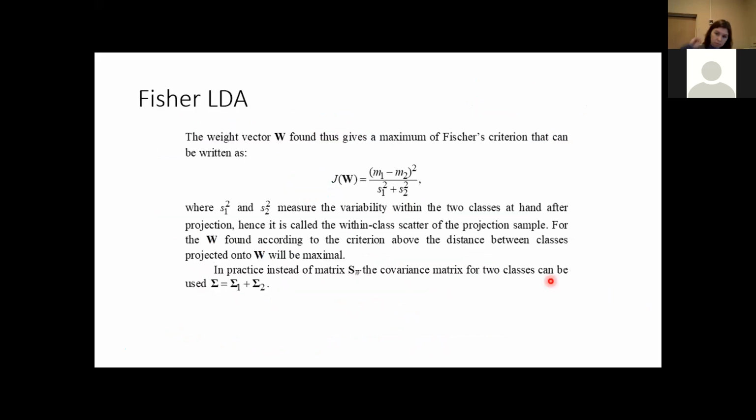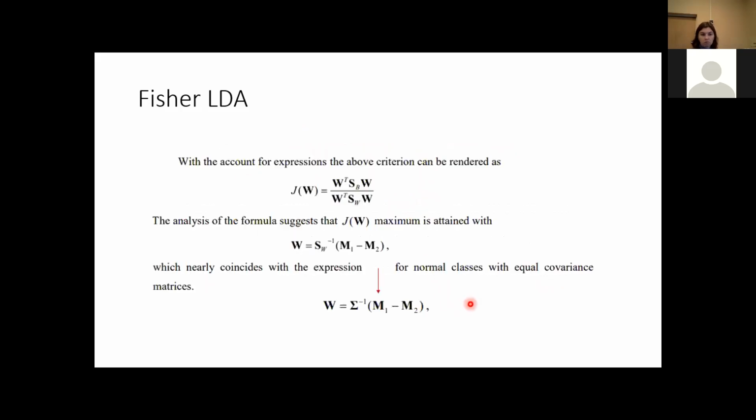So, the last step, the weight vector found thus gives a maximum of Fisher's criterion that can be written as this: our distance between classes and dispersion inside the classes. Yes, in matrix form, you may write it right here, like before.